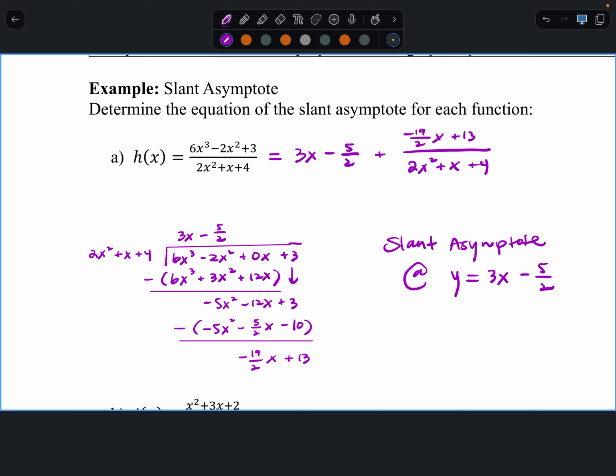Where do we go from here? Now you have to divide this by this. Long division. Or wait, we can do synthetic. This can be synthetic.